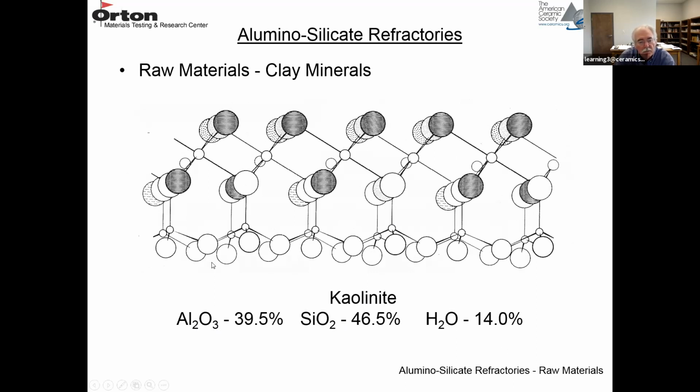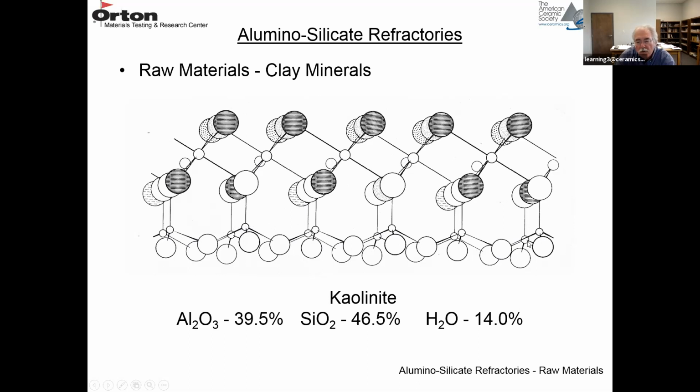So this is a better view, I think, of the clay layered structure. These small open circles are silicon. These small open circles in the top layer are aluminum. So the bottom layer is the silica layer. The top layer is the alumina layer.